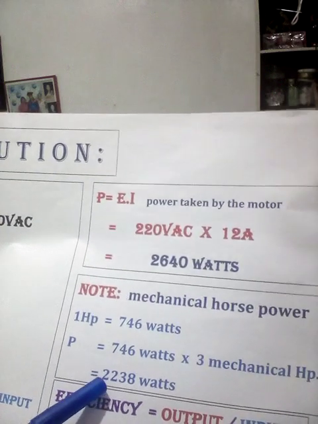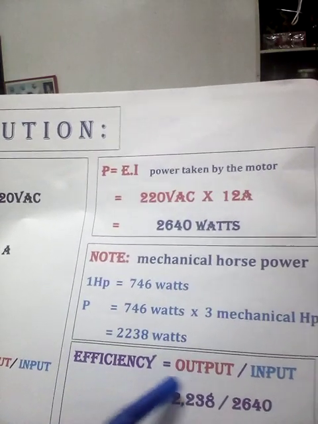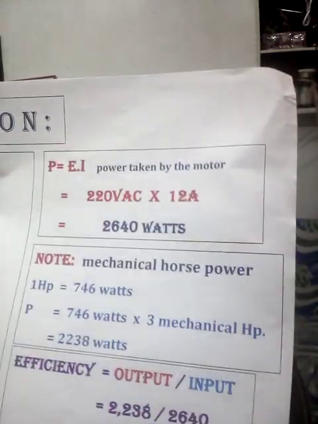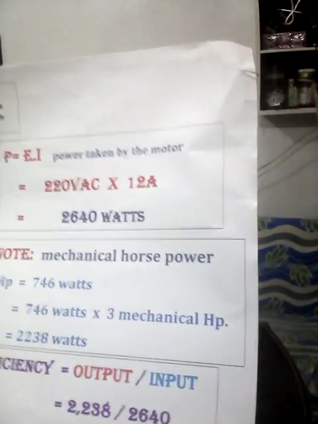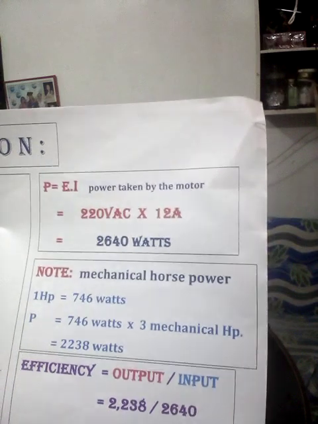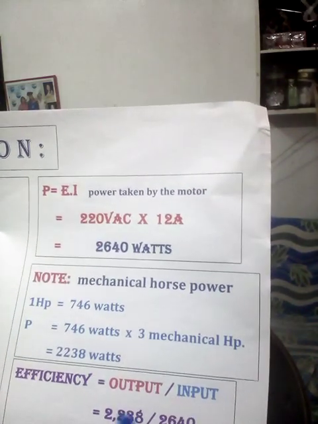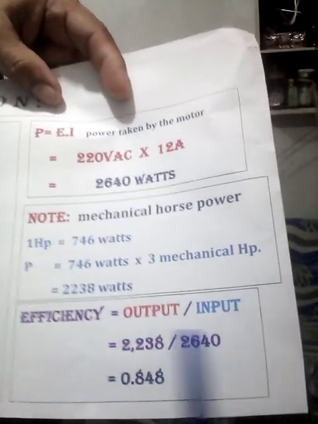So, lumalabas na 2,238, and getting the motor efficiency is equal to output over input. So, we have a 0.848, ang lalabas sa motor conversion po natin, electrical to mechanical. Ayan po. So, importante po ito sa motor.